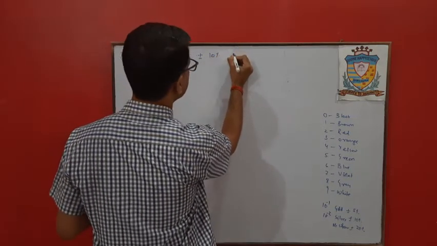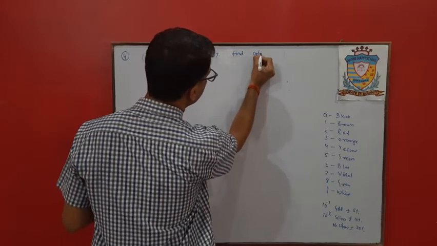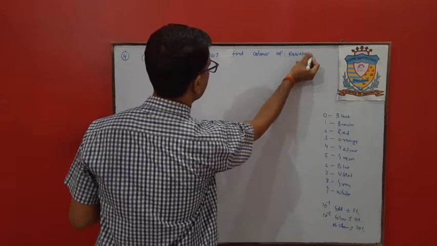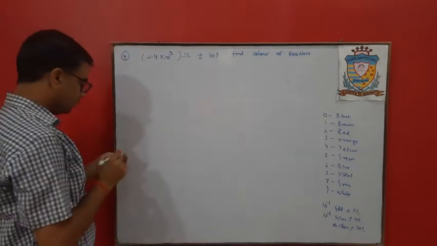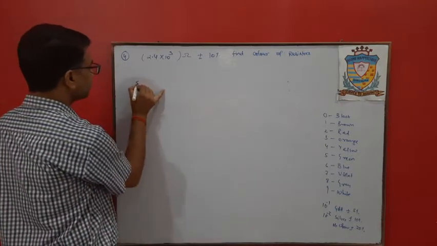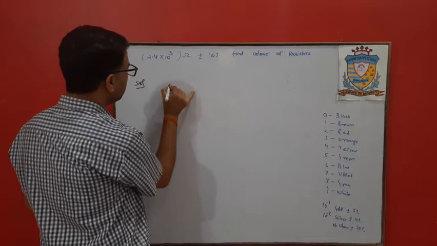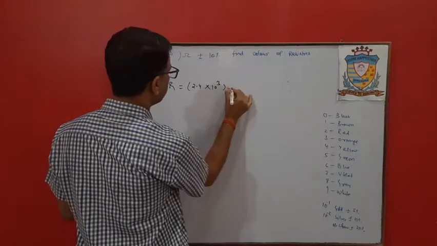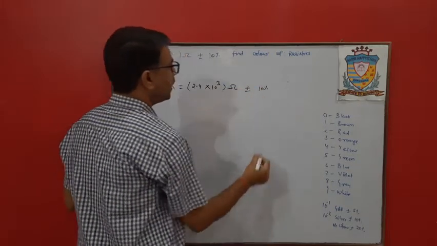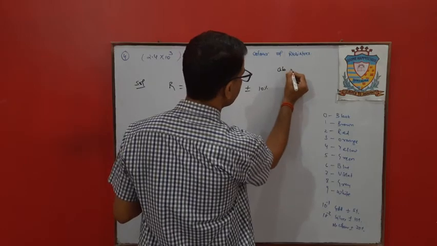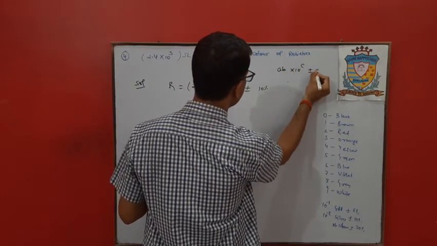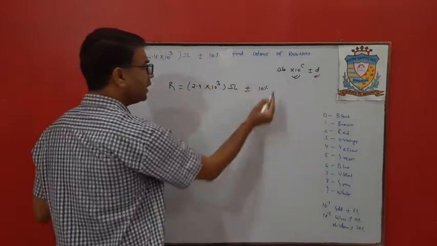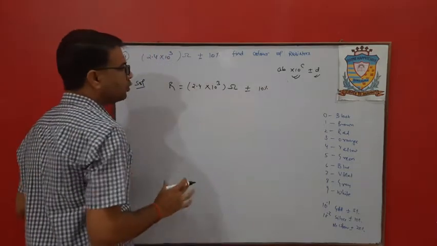Find the color code of the resistor. The given value for resistance is 2.4 into 10 to the power 3 ohm plus minus 10%. The formula we have is AB into 10 to the power C plus minus D. But here, in place of AB, we have 2.4.